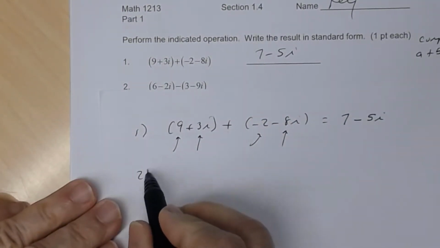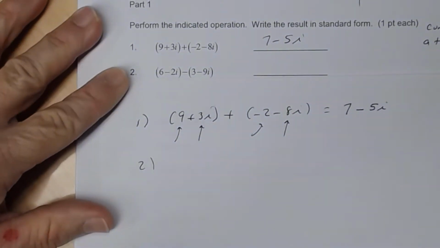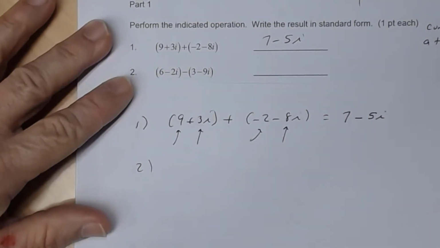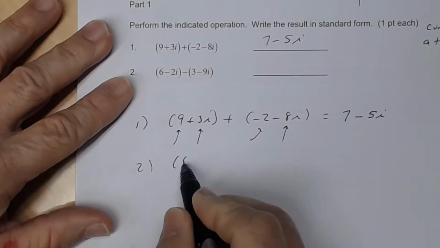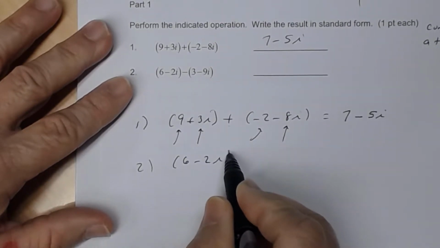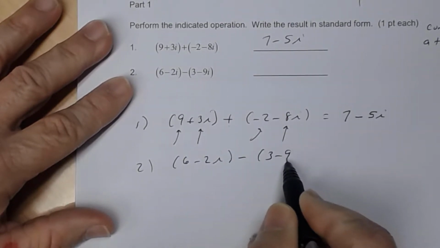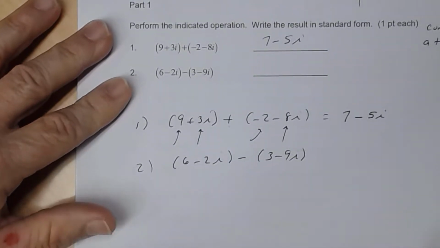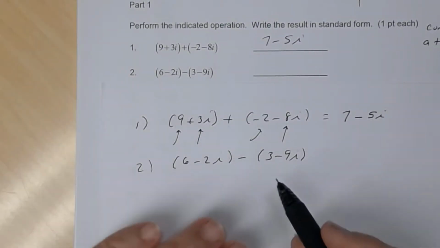Okay, number 2. This time you're subtracting complex numbers. So you have 6 minus 2i minus 3 minus 9i. Now there are a couple of ways that you can deal with subtraction.